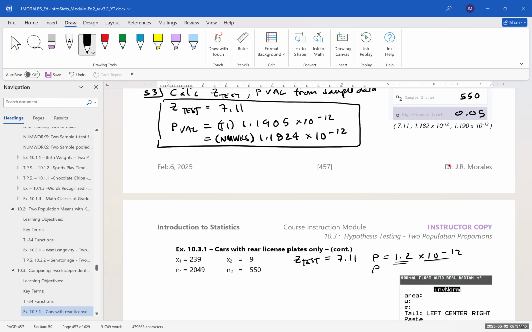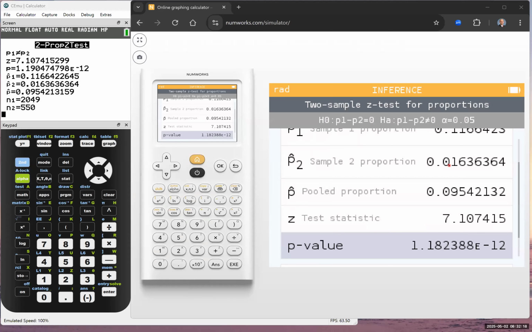You put down 1.2, and now we need to move the decimal place 12 spaces to the left because we have to move in the negative direction. So I'm going to go 1, 2, 3, 4, 5, 6, 7, 8, 9, 10, 11, 12, put my new decimal point, and everywhere that I had a skip, I have to put in a 0. So you see what I was saying about that being ridiculously small?